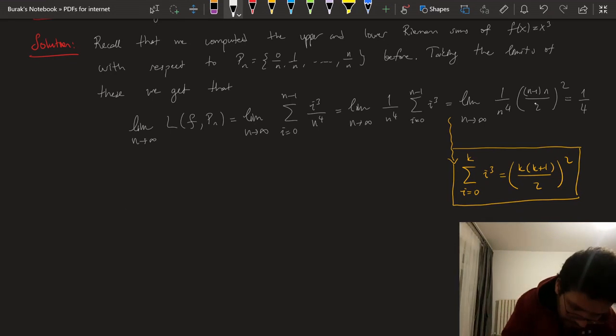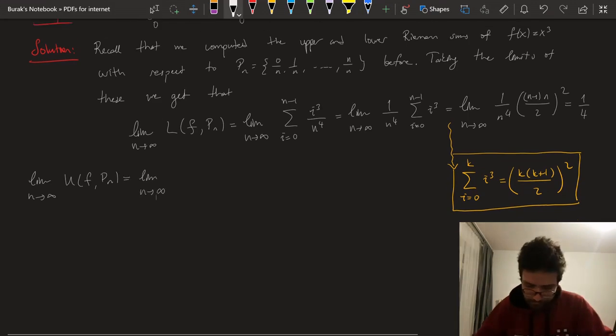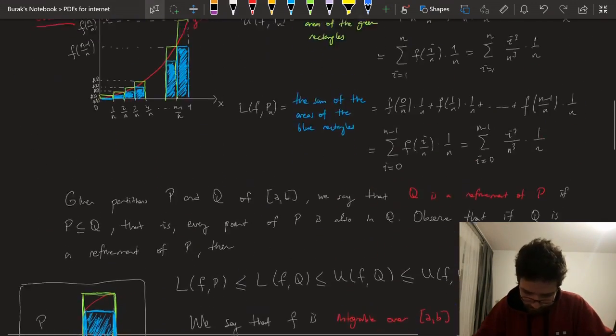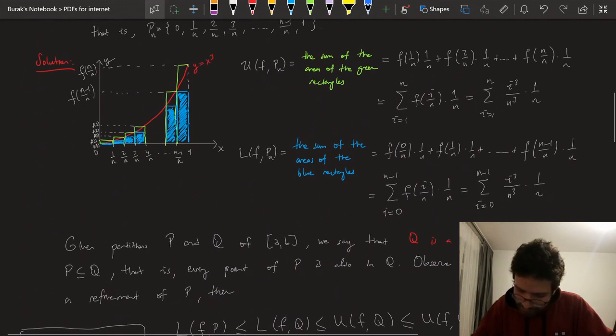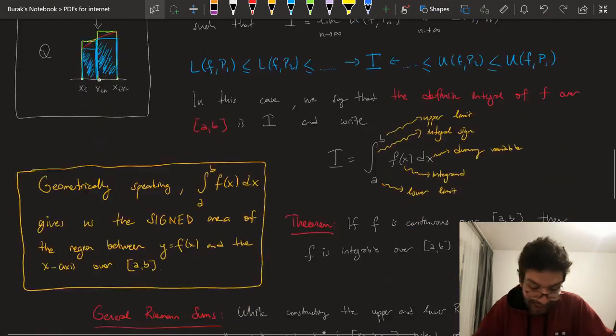And let's compute the limit of the upper Riemann sums. This is the sum of I cubed over n to the power 4, where I goes from 1 to n this time.